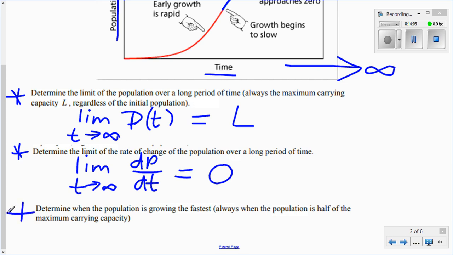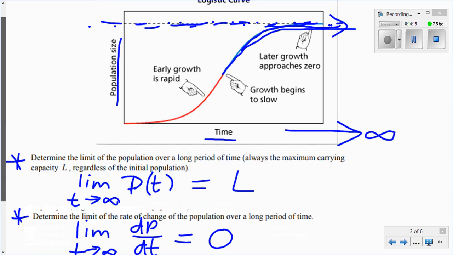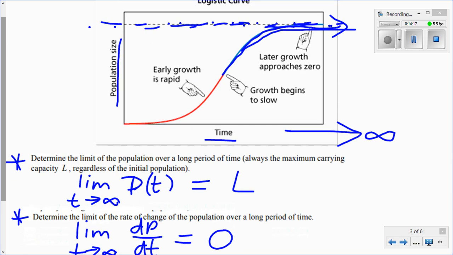Okay, the third thing, you want to be able to determine when the population is growing the fastest. So the population is always growing the fastest at the point of inflection. Okay, now hopefully you are noticing that this graph is concave up and then concave down.